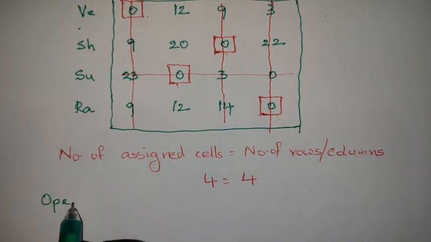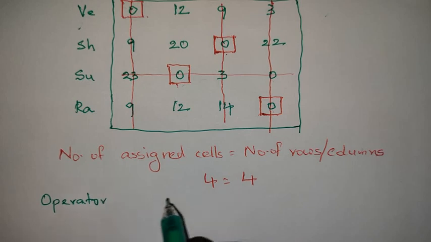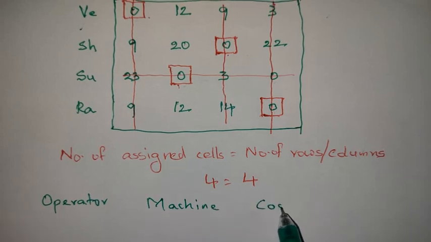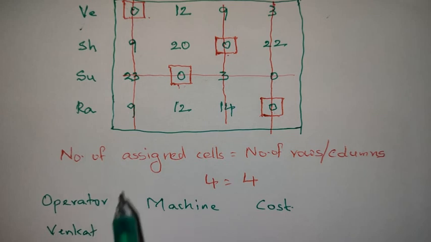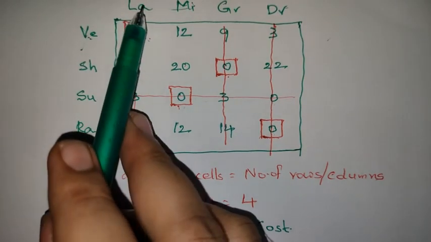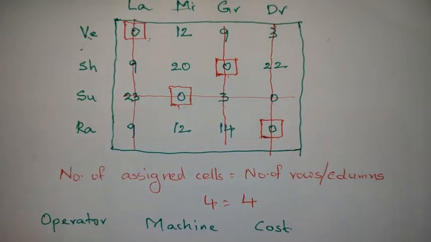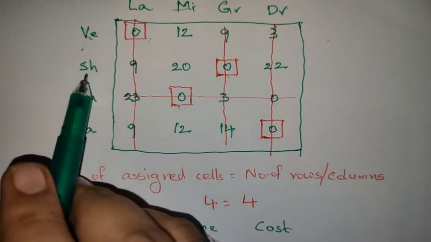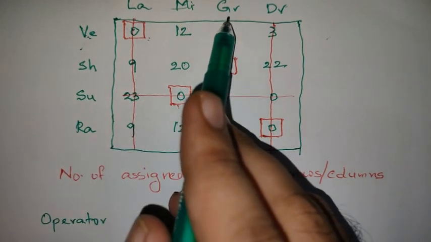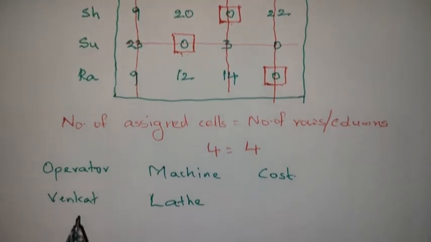Operator, machine, and then that associated cost we need to write. So how to write that one, we will see. So first take Venkat. So Venkat is associated to lathe machine. Next Shyam.